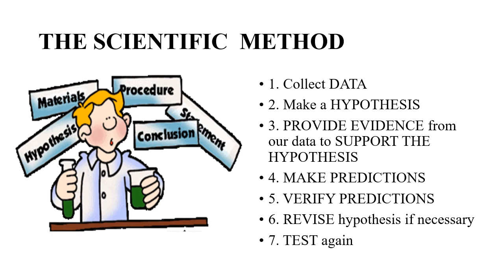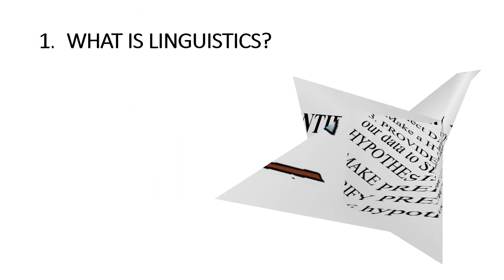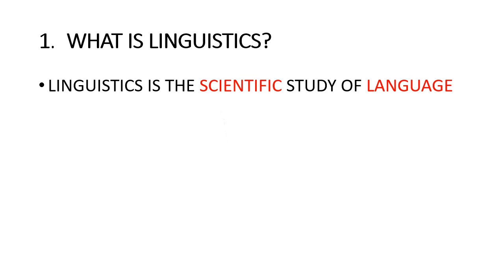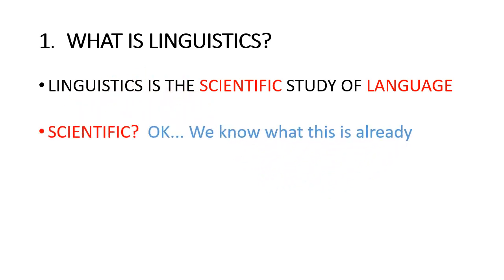We collect the data, we make a hypothesis, we provide evidence to support our hypothesis, we make a prediction or predictions, we verify those predictions, and then we revise the hypothesis if it is necessary to revise. So now we understand what we mean by scientific.